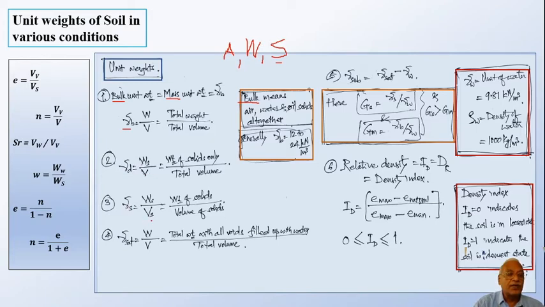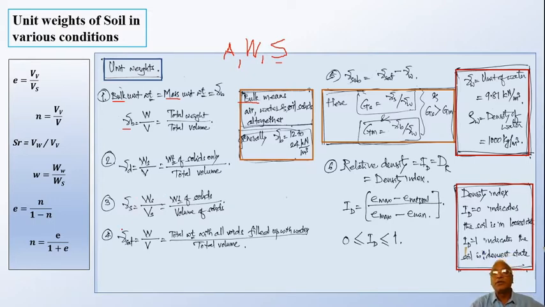But gamma saturated, though the numerator is remaining the same, that is Ws and Ws, here the value of V is more than value of Vs. Because of that, value of gamma D will be much less compared to gamma S, or unit weight of solids will be quite high because the volume is less, weight is remaining the same.